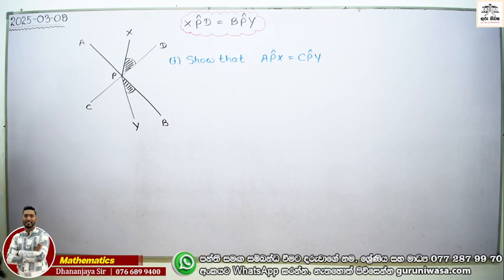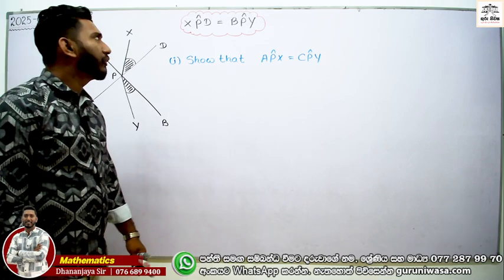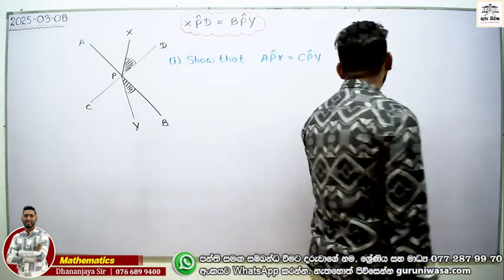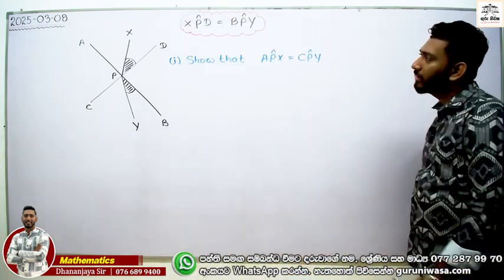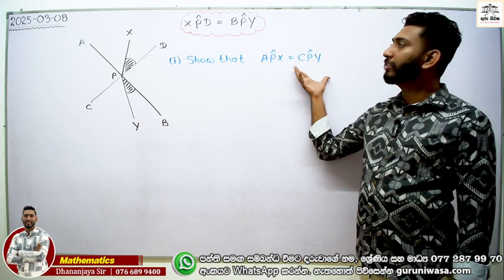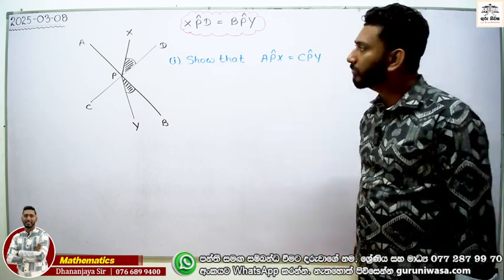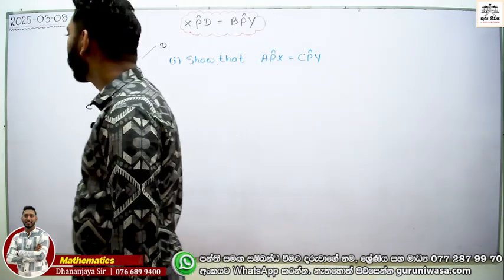And this is a question. XPD equals BPY and show that APX equals CPY. This is question number 1. Problem number 1.